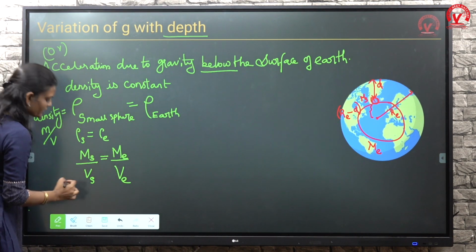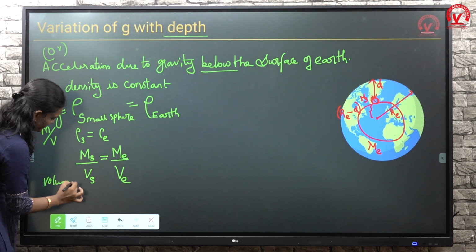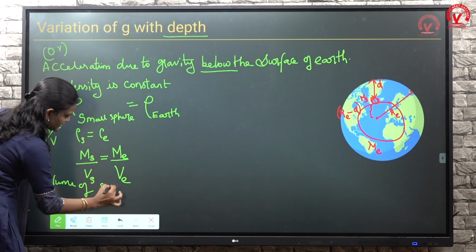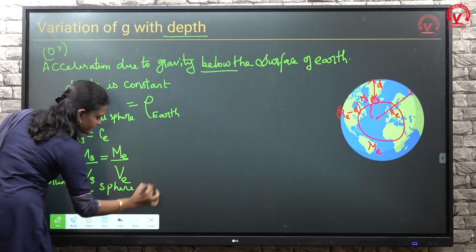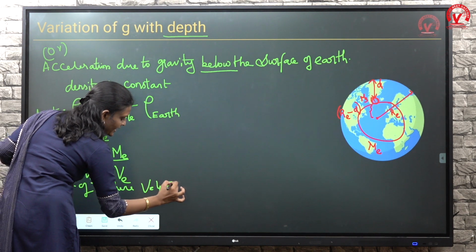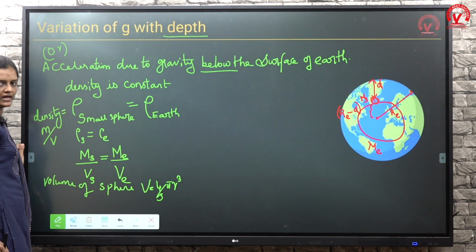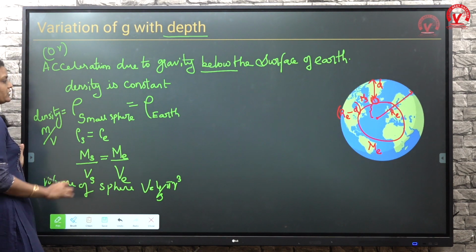So what is the volume of a sphere? The volume of a sphere is V is equal to 4 by 3 pi r cube. Now you substitute in this equation.